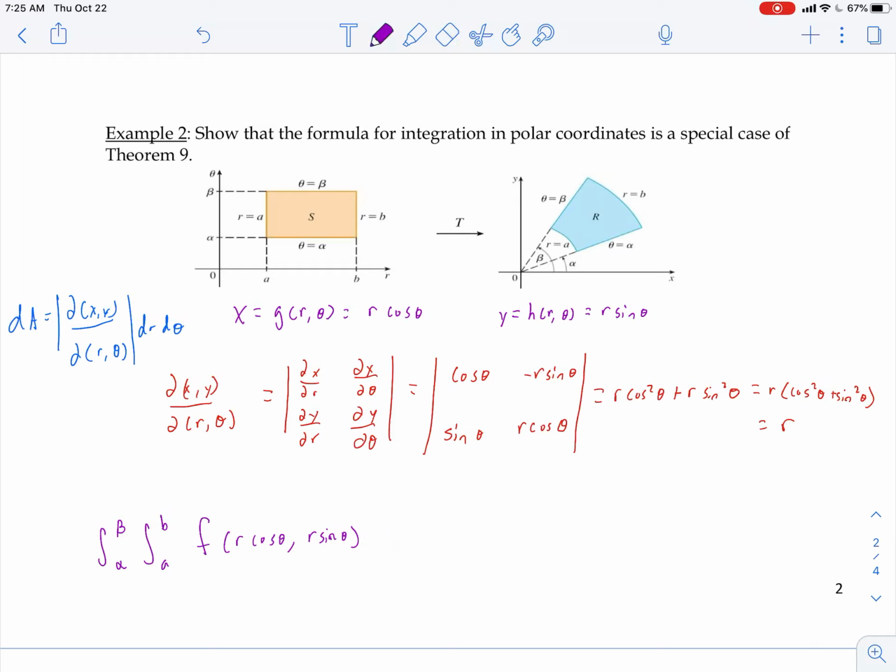Here you see that in polar coordinates, that's how we get r dr d theta. You can also see it geometrically when we found the area of that region and had that extra r, but here you see it solved with the Jacobian.